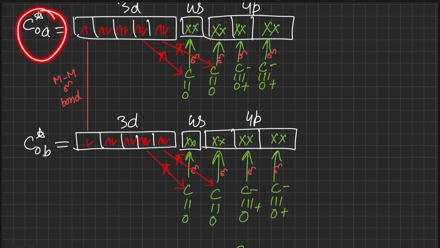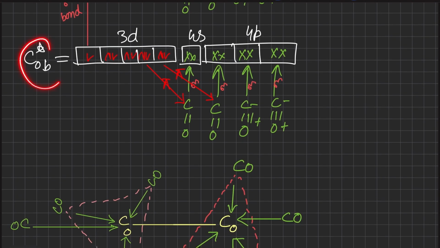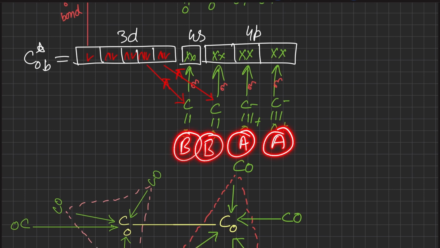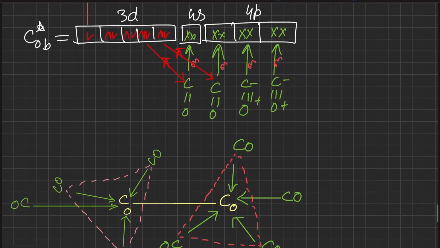So whatever we have done in the cobalt A atom, similarly we will do this in the cobalt B atom. And again there are two carbonyls with A form and two carbonyls with B form, and these are the sigma contributed coordinate covalent bonds as shown by the green electrons, and the pi bonding electrons are represented here.